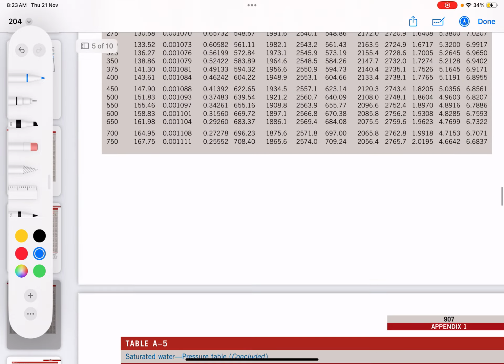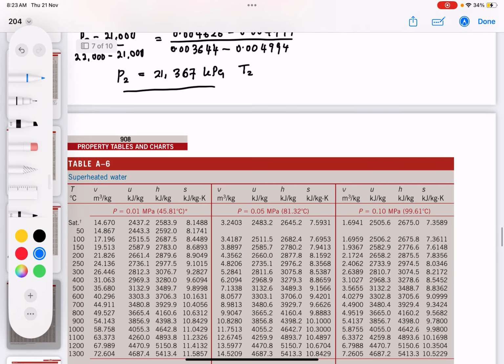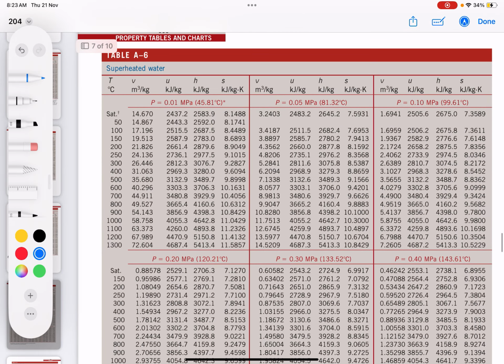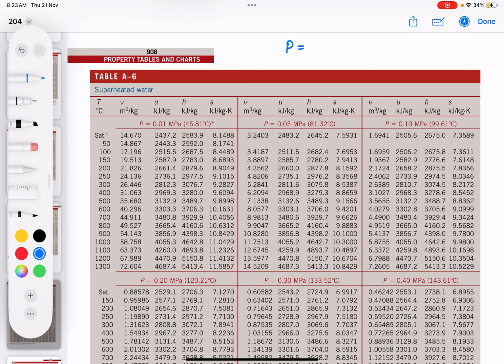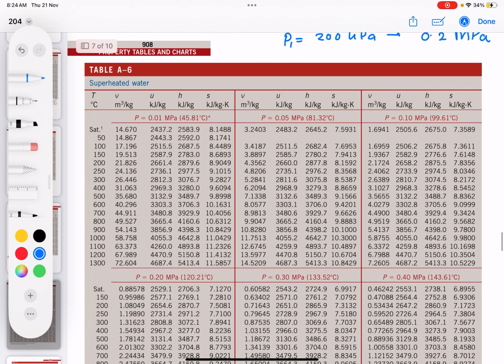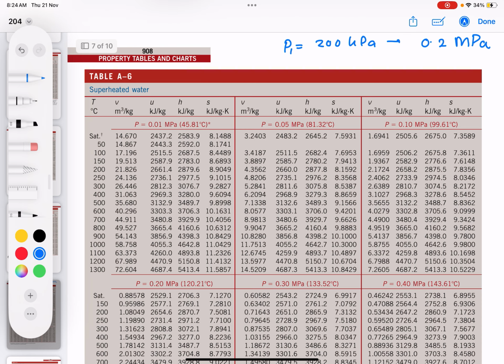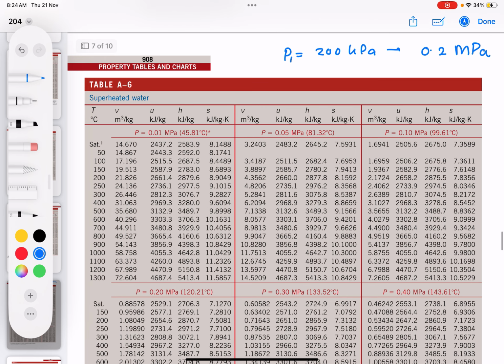So I need to use table A6 for pressure P1 equals 200 kilopascal, or 0.2 megapascal. So I need to find the column for 0.2 megapascal.